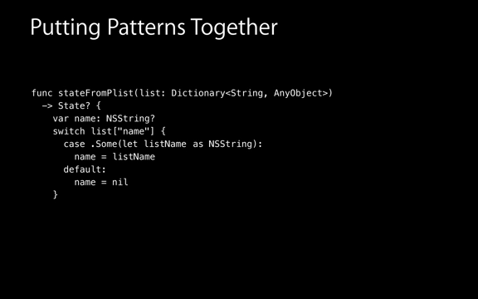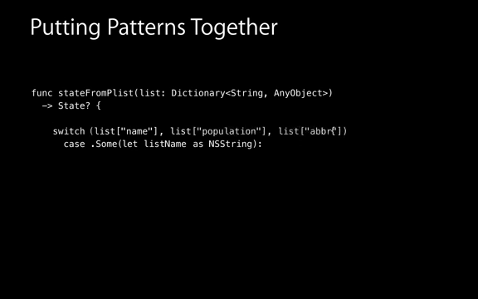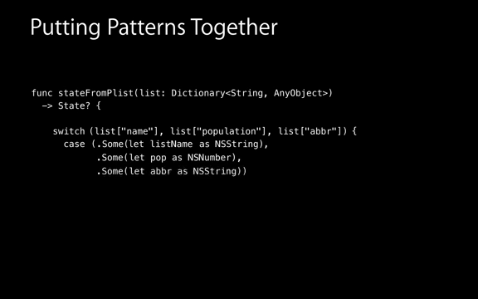Now, we could repeat this for each element that we care about inside the dictionary, but there's a better way. Remember, we can use tuple patterns to match these simultaneously and repeat this pattern for each key of the property list that we're interested in. We can see that the name is a string, the population is a number, and the abbreviation is a string, all simultaneously.